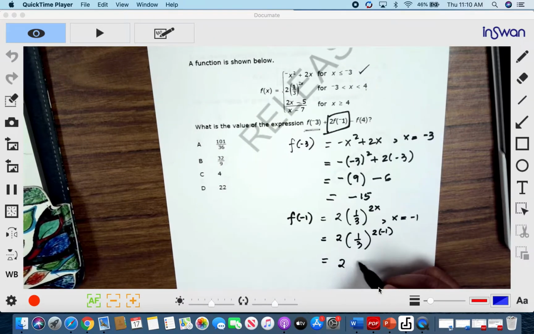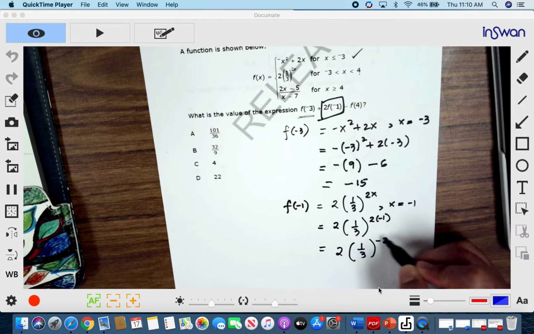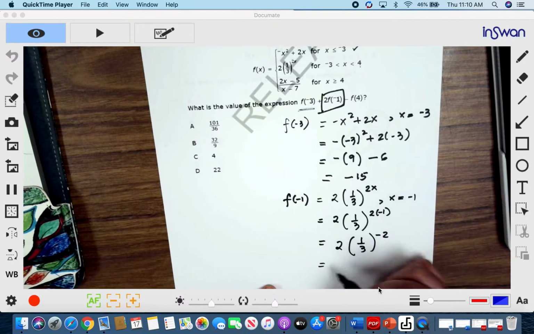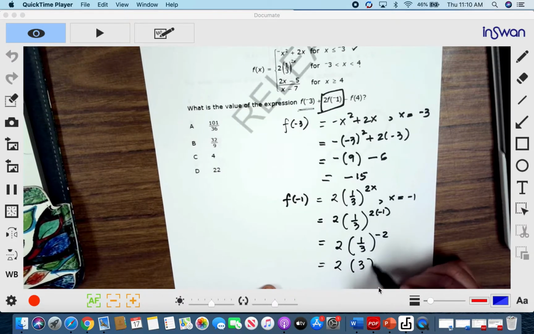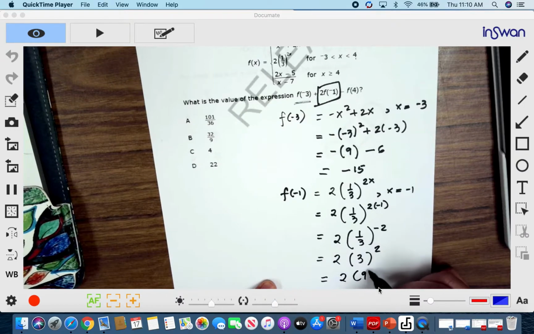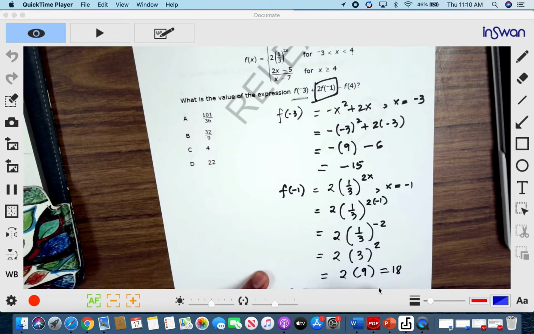So you have 2 multiplied by (1/3) raised to -2. Remember, we make the exponent positive by reciprocating the base, and the reciprocal of 1/3 is 3 over 1. So this will be 2 times 9, which gives us 18. But f(-1) is actually multiplied by +2. So that will be 2 times 18, which gives us 36.